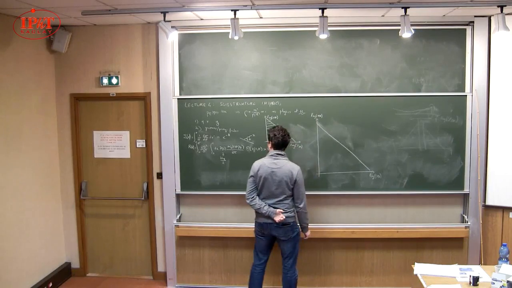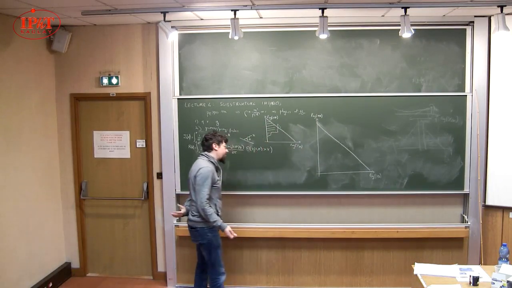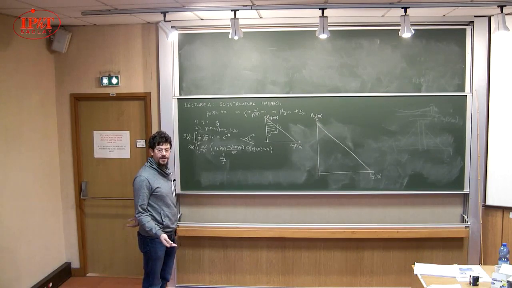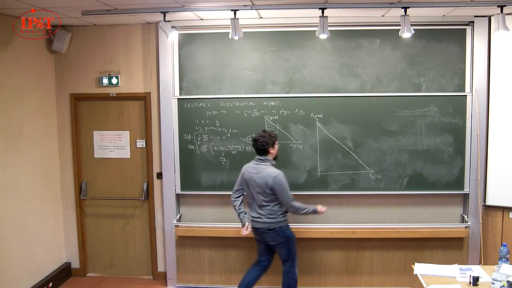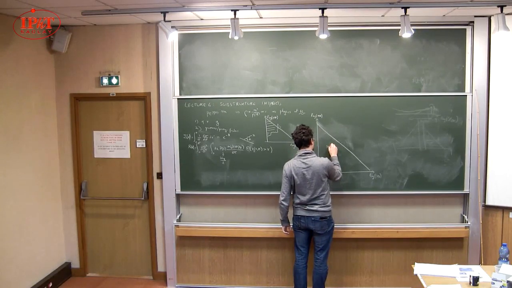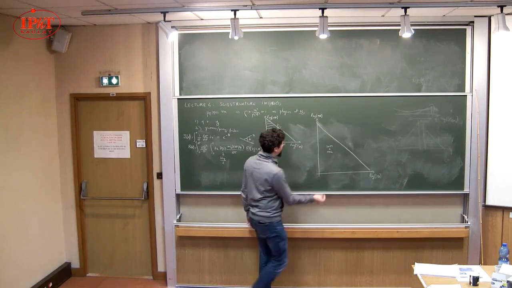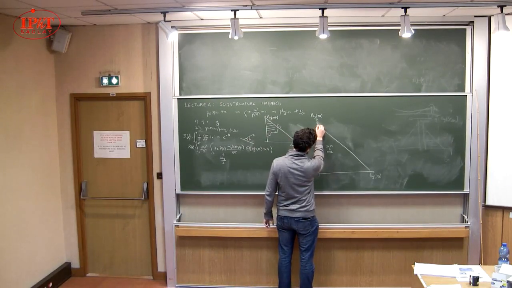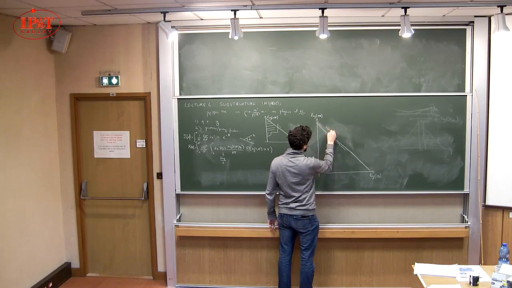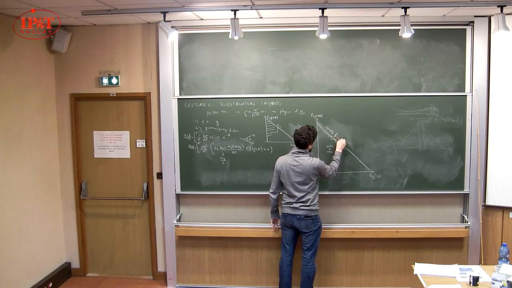Another advantage of this is you can view where the different physics regions are. Typically the bulk of this plane here is the region which is soft and collinear. The region which is somewhere close to here is the region which is hard and collinear.